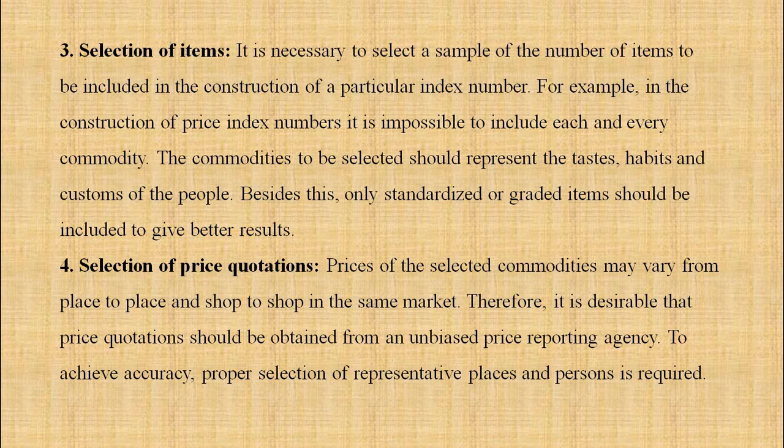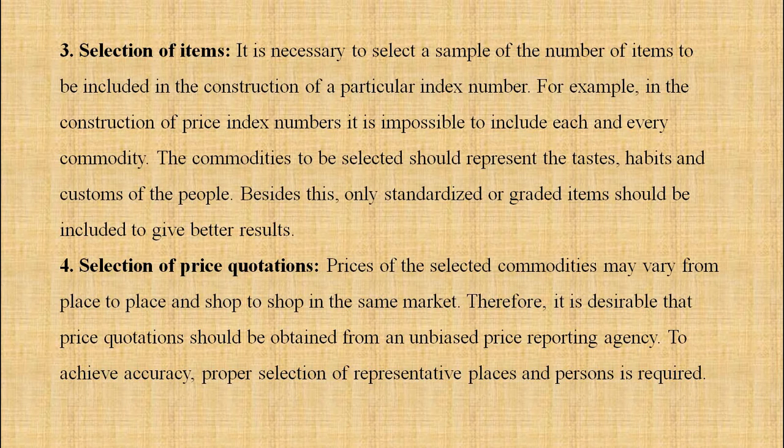Next, selection of items. It is necessary to select a sample of a number of items to be included in the construction of a particular index number. For example, in the construction of price index numbers, it is impossible to include each and every commodity.